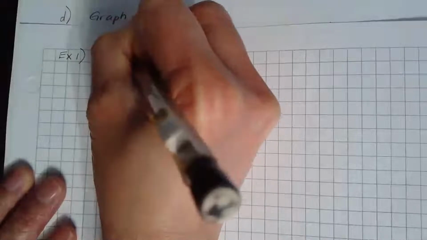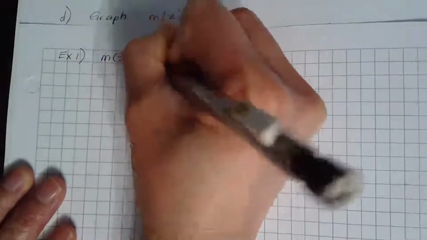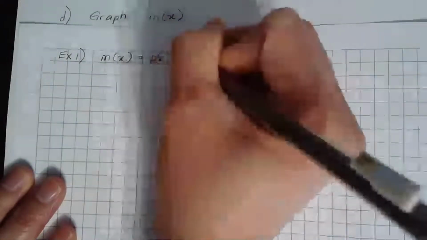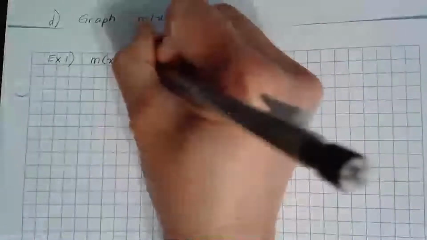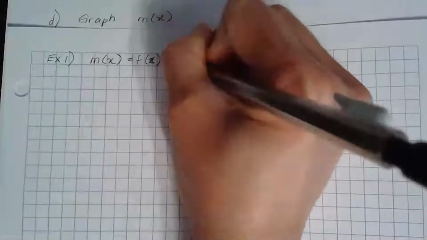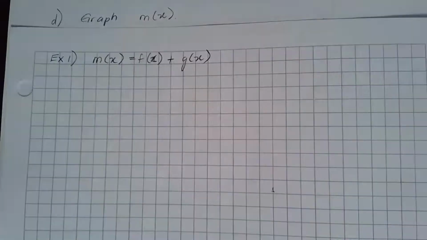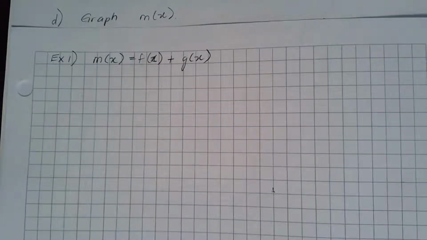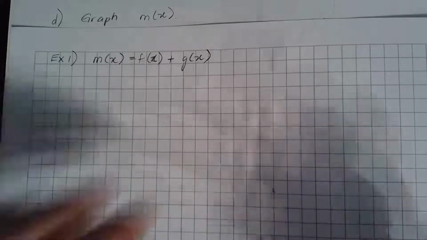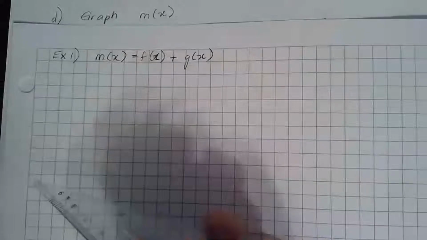This is the m of x equals f of x plus g of x. What values do I have again?